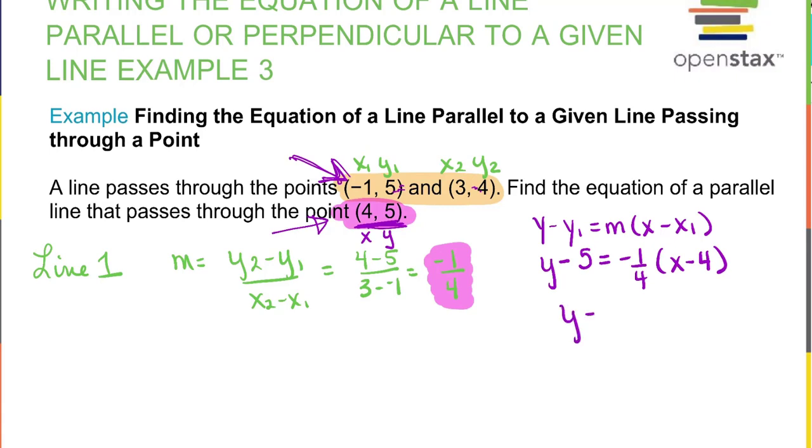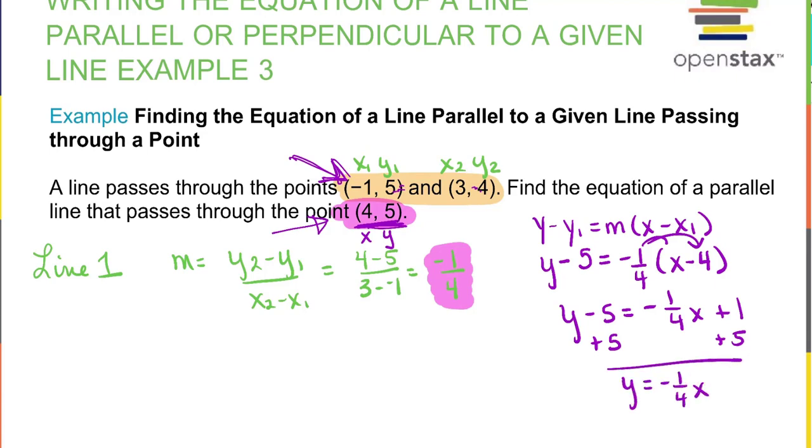So I end up with y minus 5 equals, distribute, negative 1/4 times x is negative 1/4 x. Negative 1/4 times negative 4 is positive 1. And then we would add 5 to both sides. And it looks like we end up with y equals negative 1/4 x plus 6.